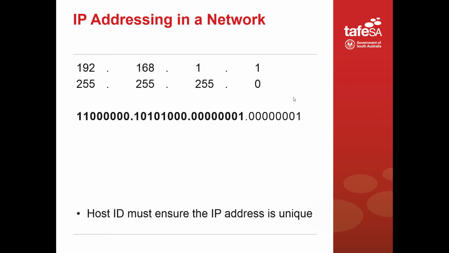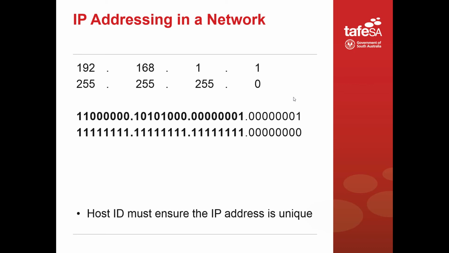So I'm just going to briefly look at the binary behind this before we move on to working out your IP addresses in decimal. This is our IP address 192.168.1.1 in binary. Now let's look at the subnet mask in binary. Our subnet mask has all ones on the left and all zeros on the right.